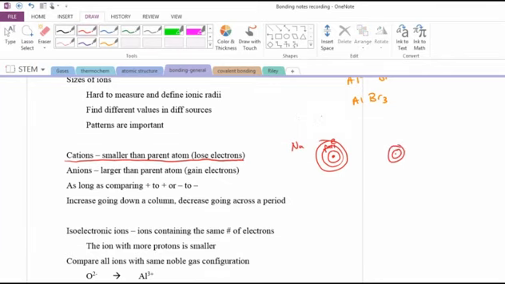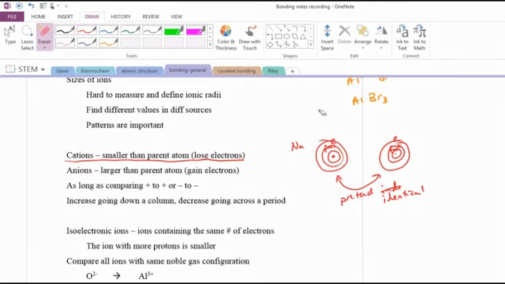Now, we draw that again, and pretend these are identical. So that's all full, and we've got our valence electron there.